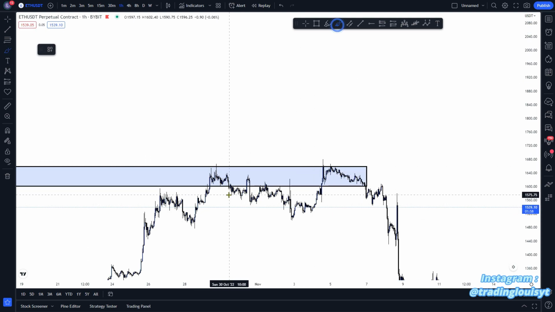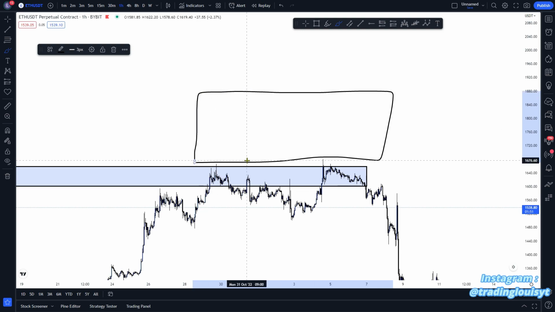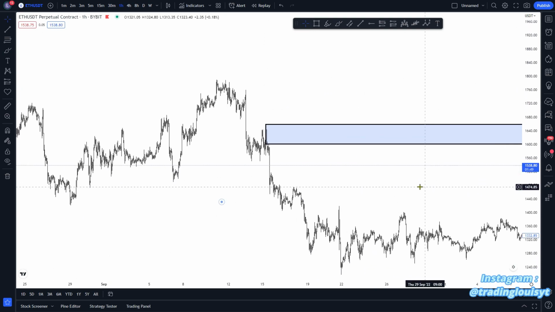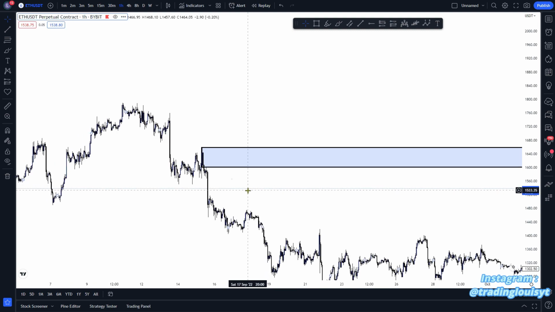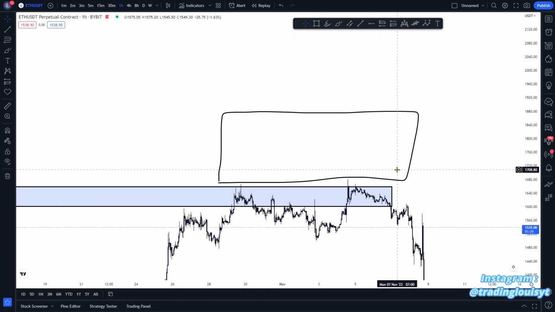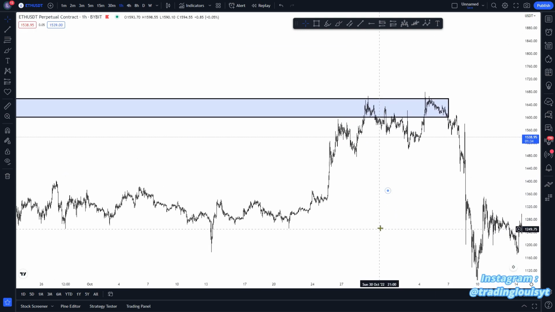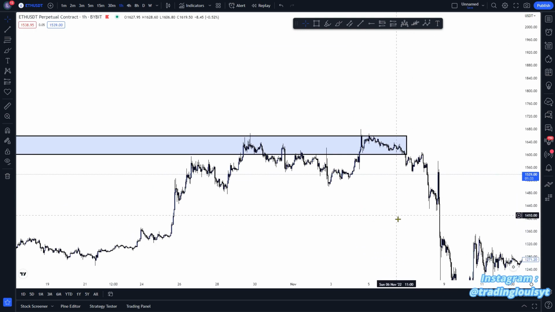It is failing to break out of the order block, and the reason for that is because if the price does go into this zone, then this person, this bank, this institution that has invested a lot of money into selling Ethereum, into opening a short position on Ethereum, would have lost a lot of money because they don't want this to happen. So yeah, as I've said, order blocks are very simple.